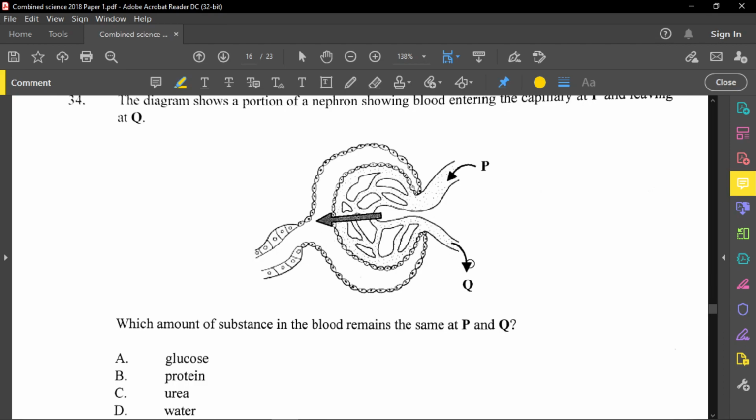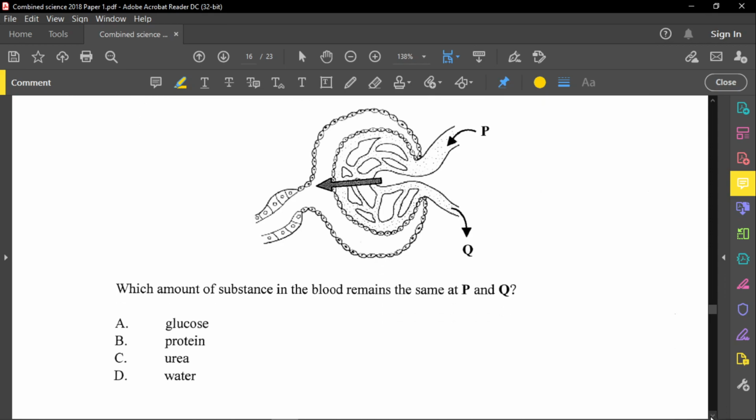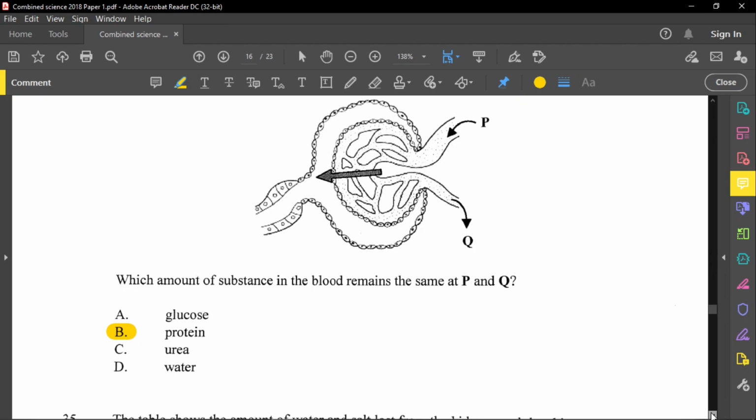It contains glucose, urea, salt, and water. The only thing that is not filtered is protein, because protein molecules are too large. And please remember, the process taking place with this arrow is called ultrafiltration. The only reason why protein is not passed through the capillaries into the Bowman's capsule is simply because the protein molecules are too what?